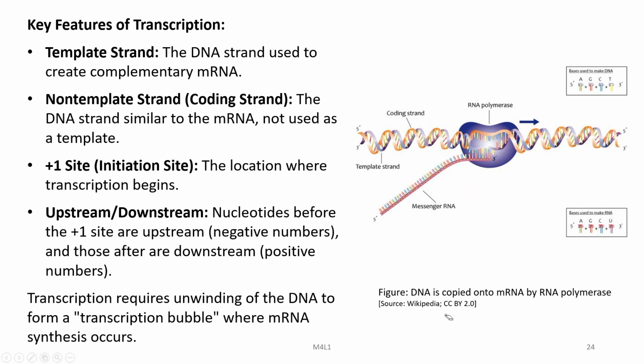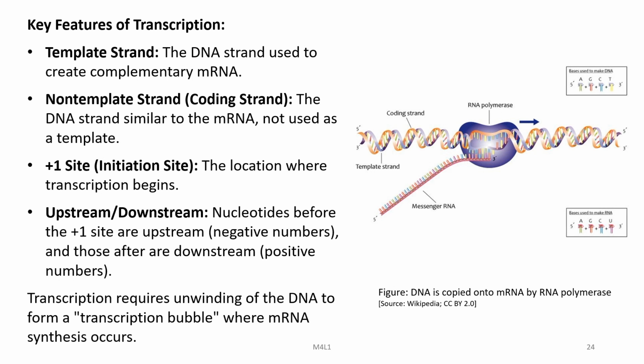Then there is a non-template strand or the coding strand, the DNA strand similar to the mRNA, not used as a template because the mRNA is complementary to the template strand and the non-template strand is complementary to the template strand. So, the non-template strand and the mRNA will have a similar sequence with similar bases.